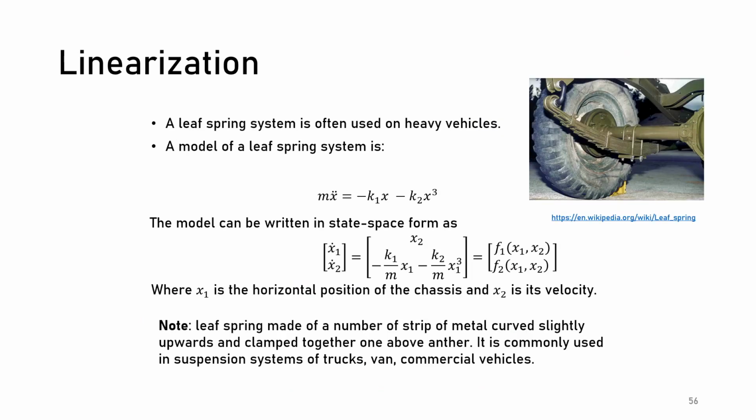Okay, now let's practice one example. The example that has a nonlinear spring. So the spring is called a leaf spring, so its property is not linear. The equation to describe the motion of the leaf spring on the vertical axis is defined by this equation.